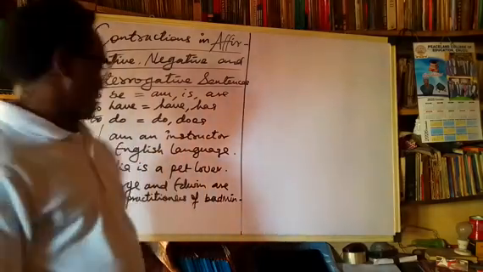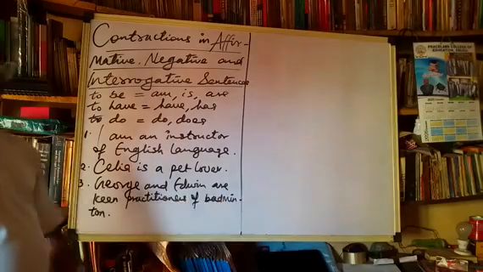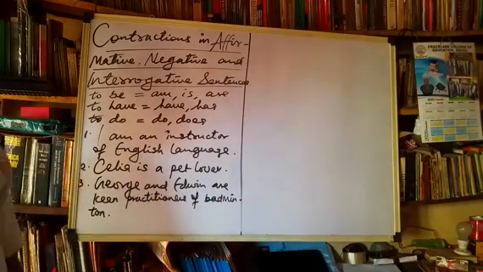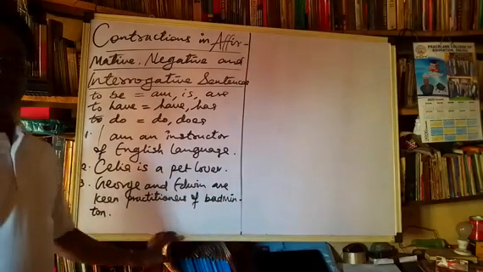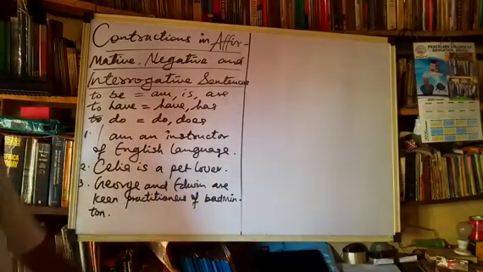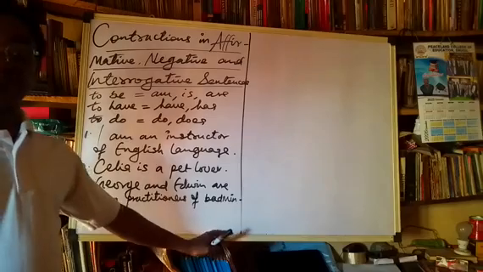Sentence 3 says, George and Edwin are keen practitioners of badminton.